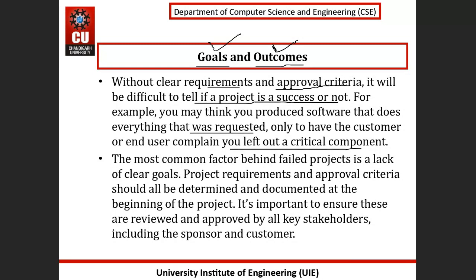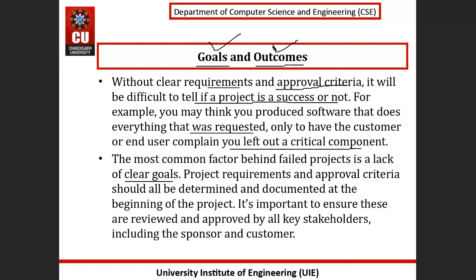Right? So the most common factor behind failed projects is a lack of clear goals. If we are not clear on what our goals are, we cannot produce an efficient and good product.